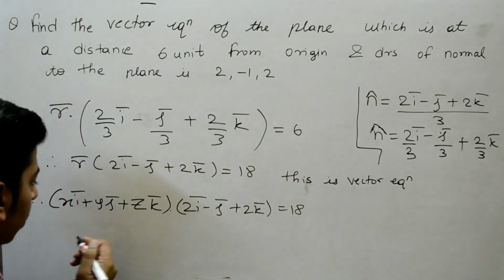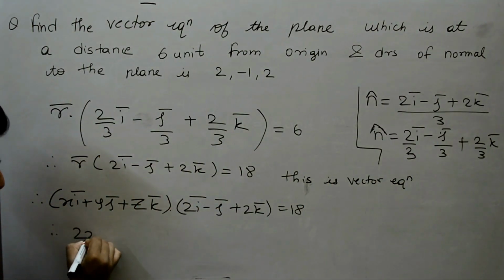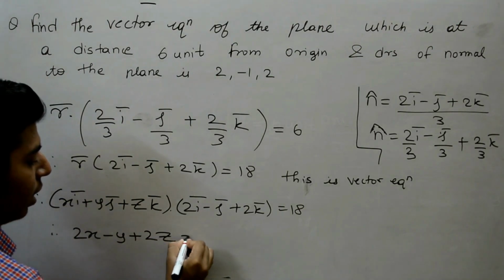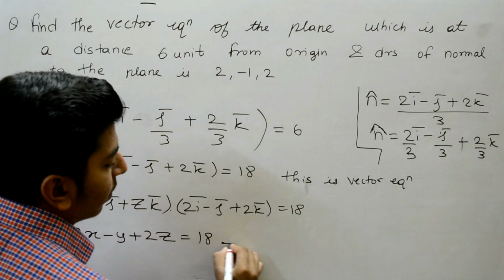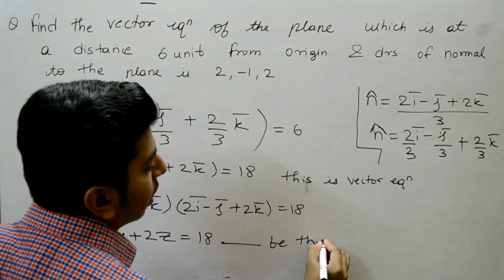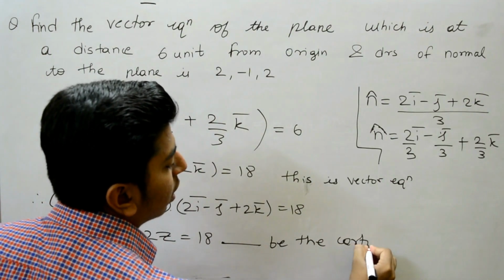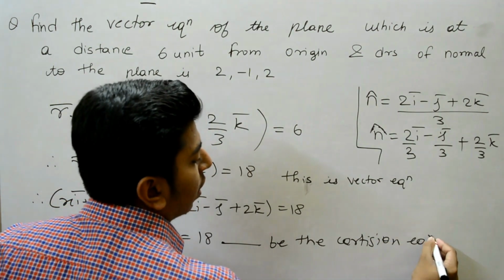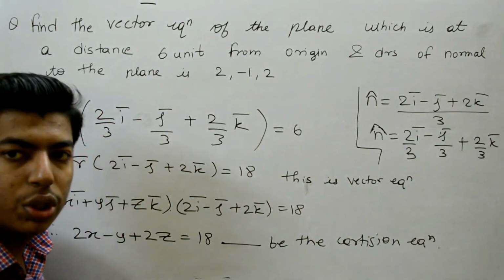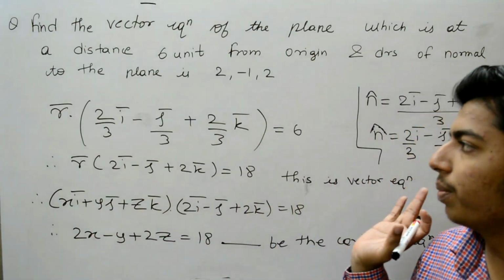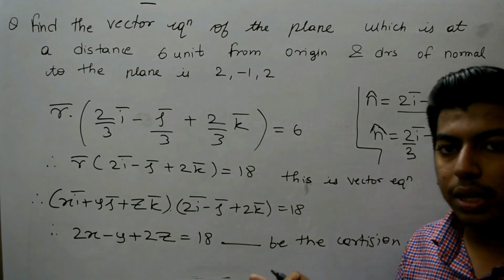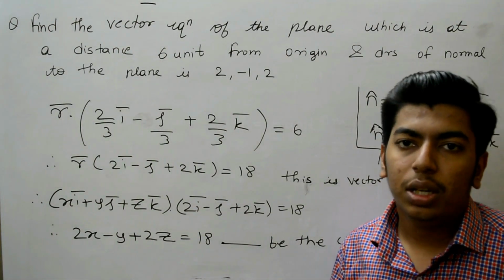So the equation will be 2x minus y plus 2z is equal to 18, the Cartesian equation, and that's the solution of our question. Look at this carefully, then we will move further to the next problem.